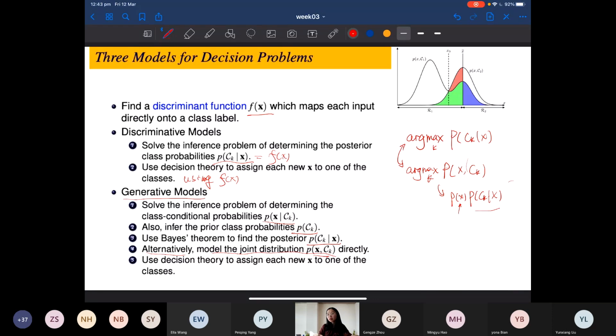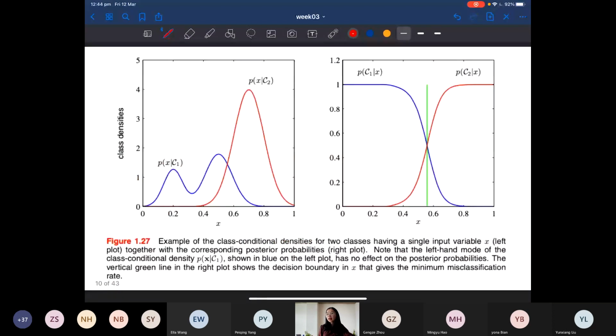Right, so there are pros and cons about these different approaches, and we'll go through them and have a critique as we go along. So here's an example that the book provided about the relative merits of generative versus discriminative, or how much probabilistic information we need.